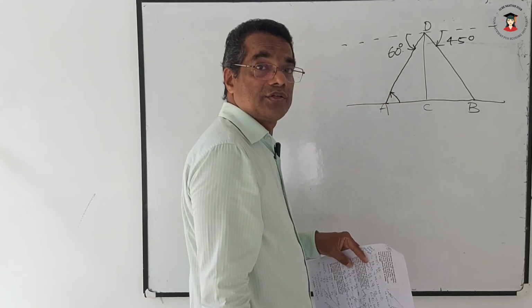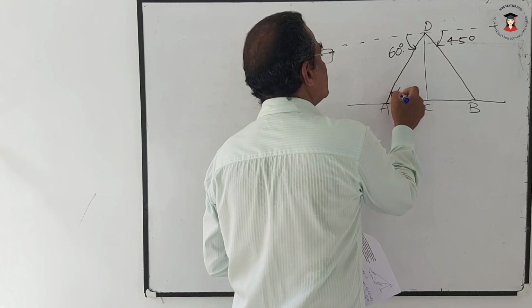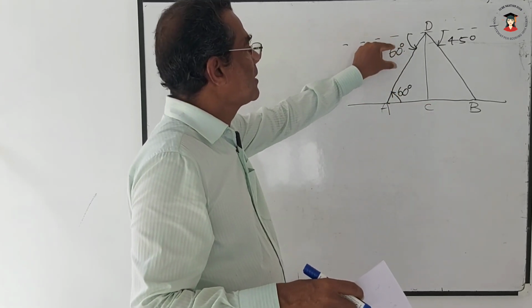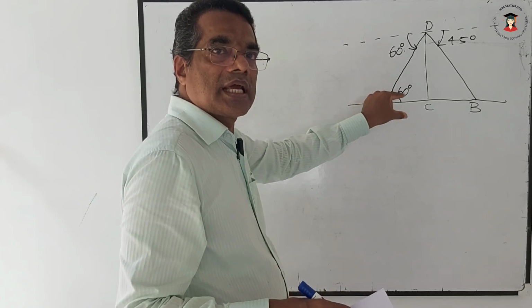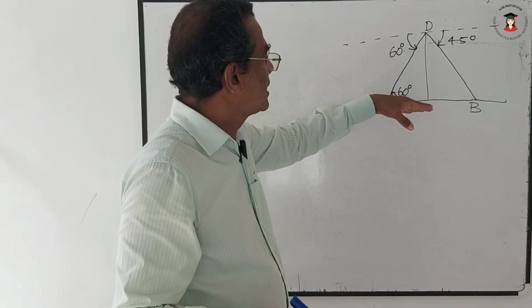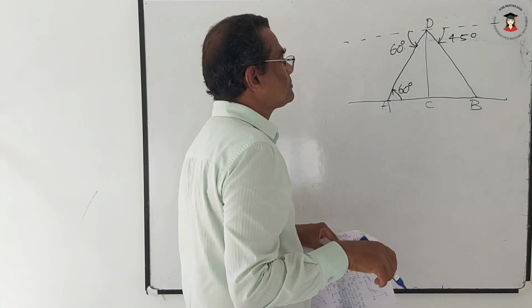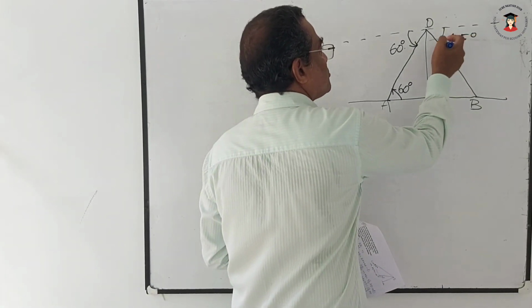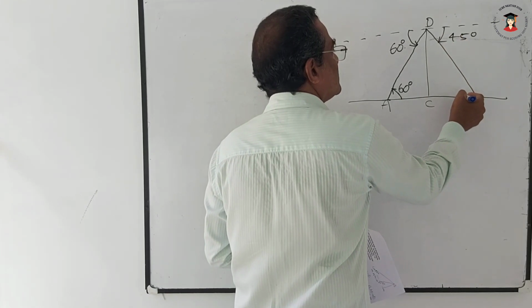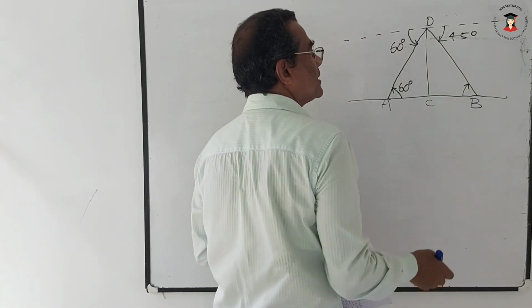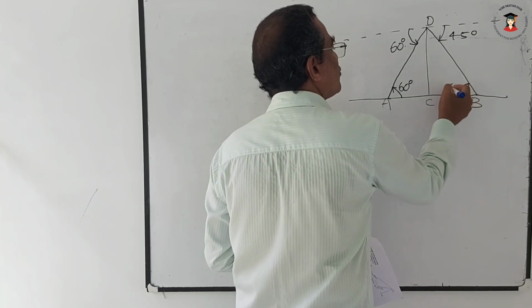Alternate angles are equal, therefore this is 60 degree. We need to bring this angle to the right triangle we are constructing for solving the problem. And corresponding to 45 degree, the other alternate angle in this pair is this. This is 45 degree.